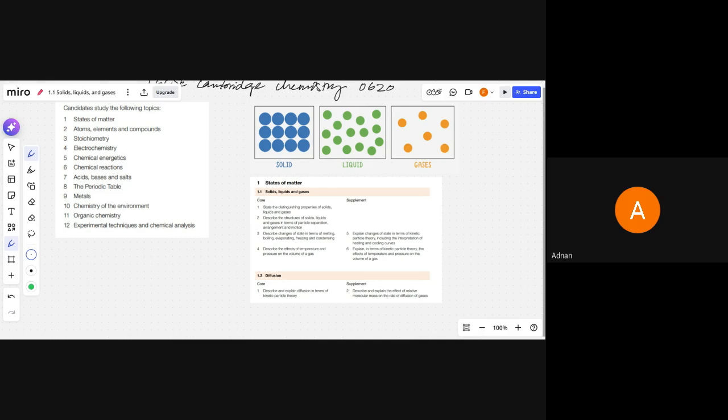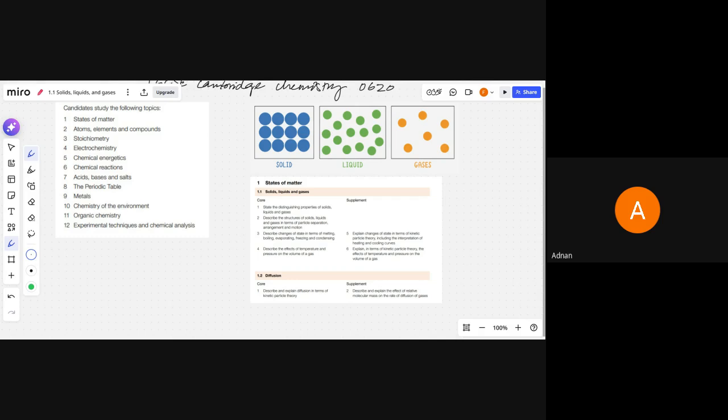So now the next one is describe. The keyword here is describe. The command word: describe the structure of solids, liquids, and gases in terms of particle separation, arrangement, and motion. So for each of these three states, we will be talking about their particle separation, particle arrangement, and the motion of their particles.